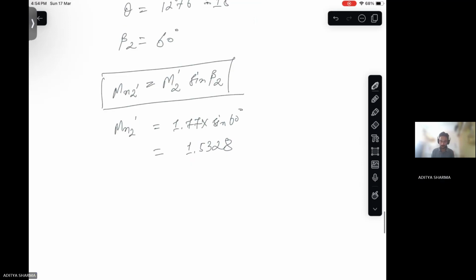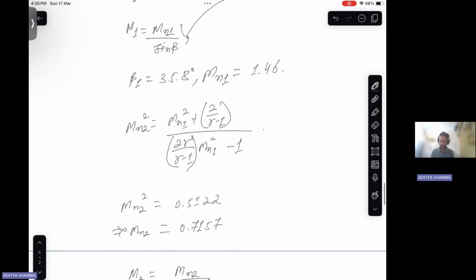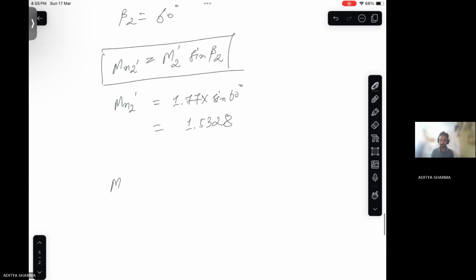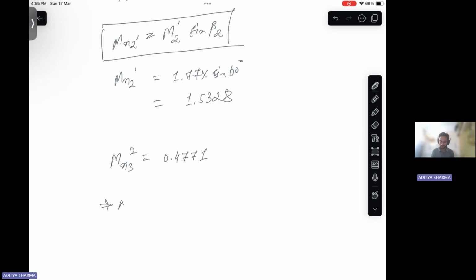And then we use again this Mach relation across the downstream of the shock if we need to find it. So we will use this formula again, where 2 will be replaced by 3. Mn3 dash equals 0.4771, and Mn3 we will get as 0.6907, right?